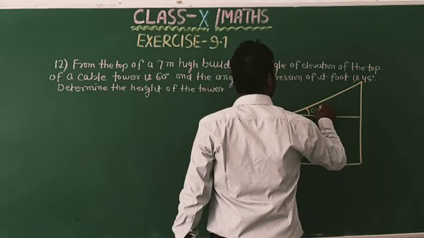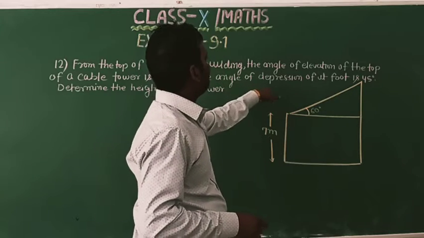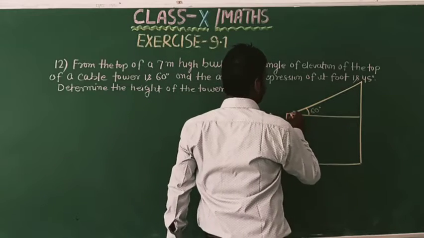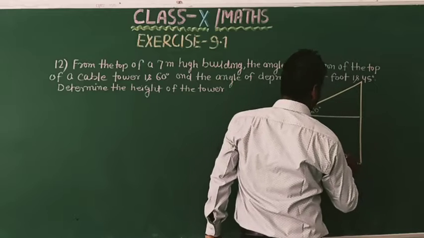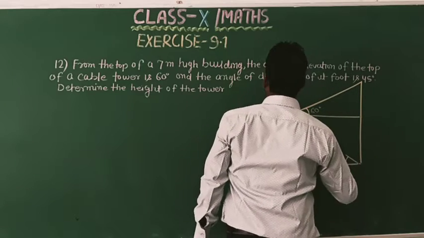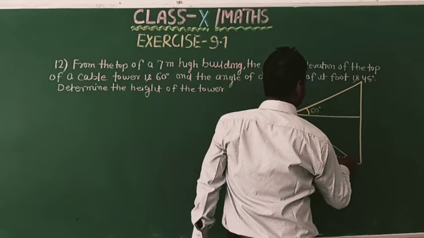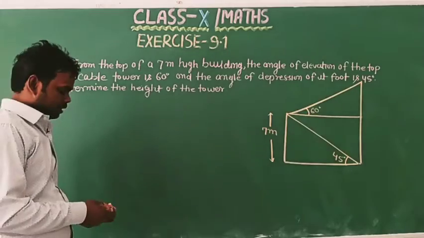This is 60 degree and the angle of depression of its foot, foot means foot of the tower, is 45 degree. Then determine the height of the tower.